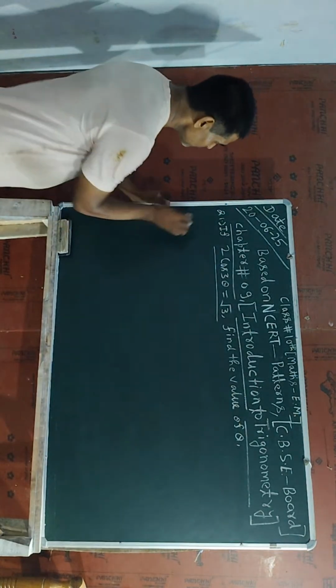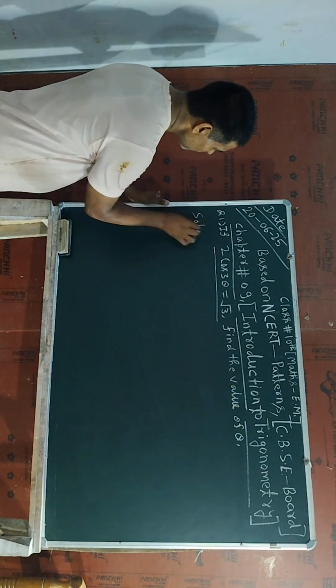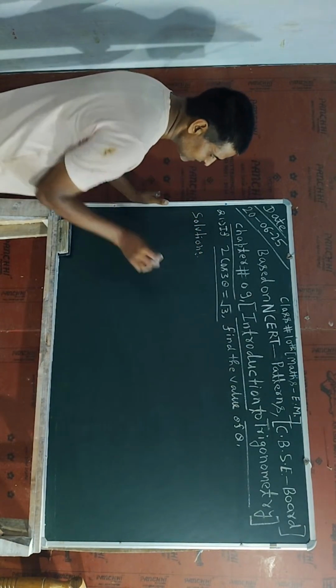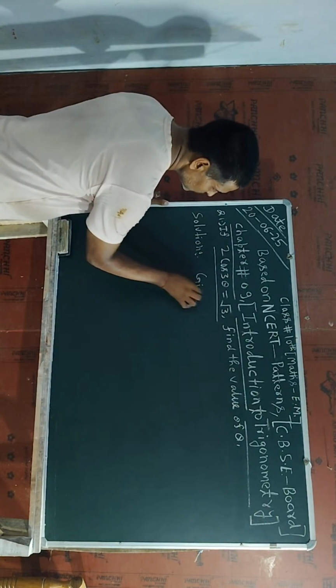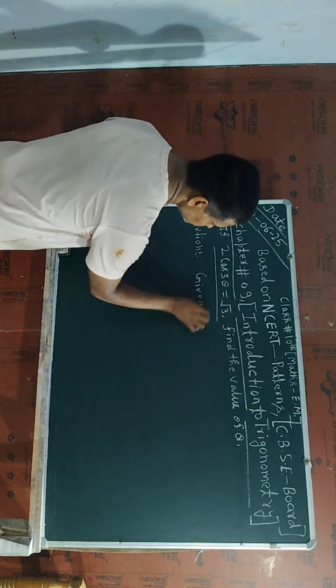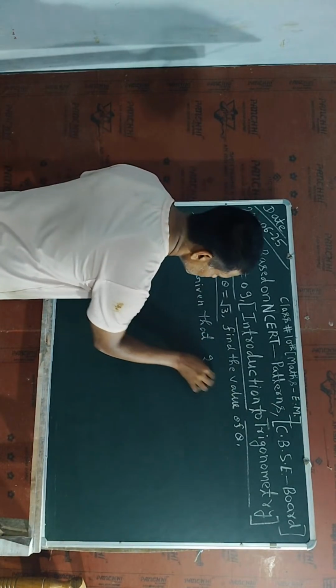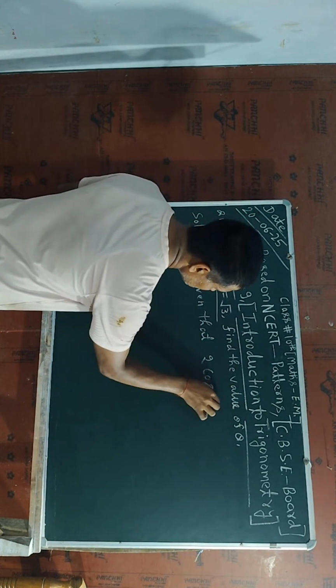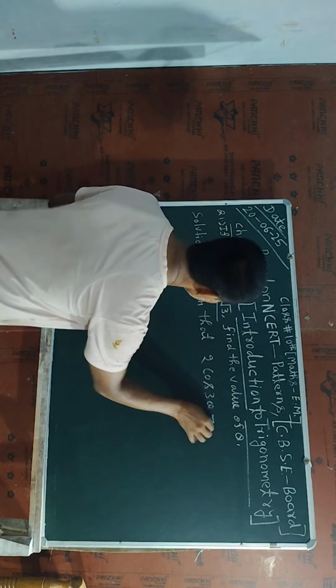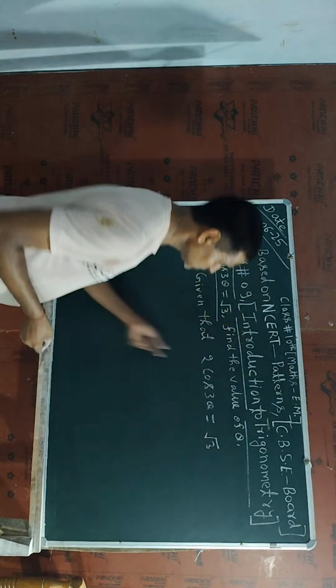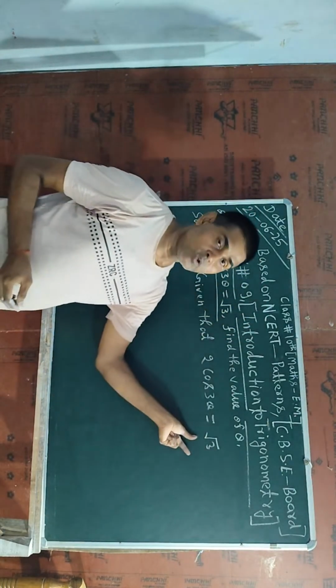So here I am going to write the solution, and first of all I will write the given information, that is 2 cos 3 theta is equal to root 3.